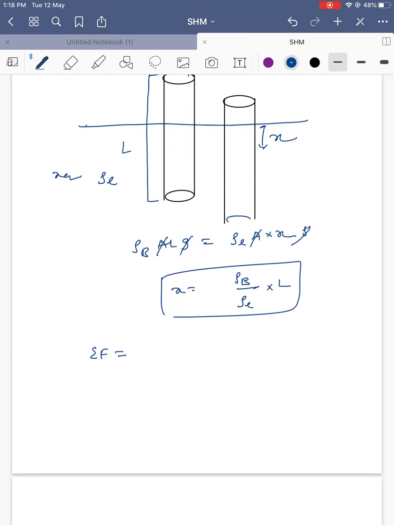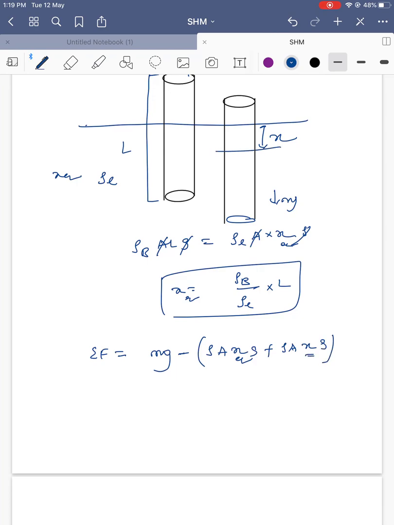Mg is acting, so Mg minus the upward buoyancy force, rho A into x equilibrium into G plus rho A into x into G. Why x again?